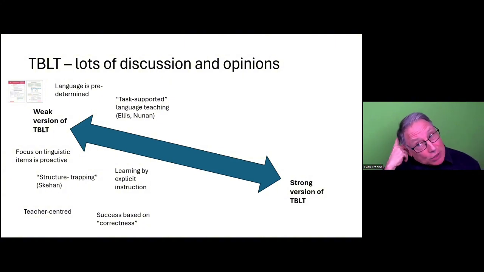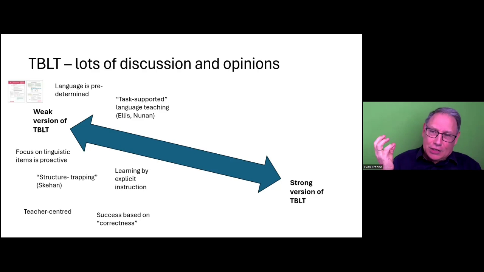Peter Skehan famously calls this structure trapping exercises, where the idea is to create tasks or activities which force you to use the structures which are being taught, being covered. Of course, it's teacher-centered. It's either course book writer-centered or teacher-centered, but it's not the learner making decisions about what language is used. Some people call this task-supported language teaching or language learning as opposed to task-based language teaching.